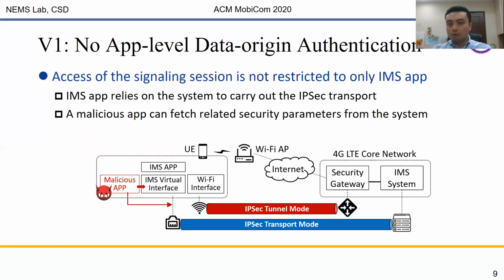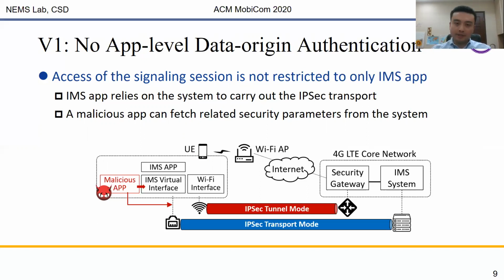Currently, the data origin authentication is device level. So, access to the synchronization is not restricted to only the IMS application. When the mobile OS is compromised, a malicious application can intercept and fabricate the IPsec session packets.